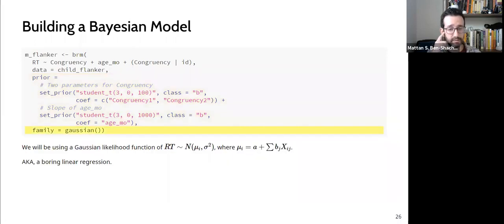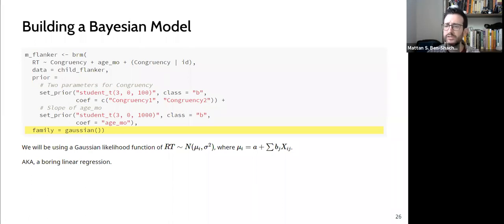Okay, and finally, my likelihood function is a Gaussian likelihood function. That is, I'm saying that reaction times are conditionally normally distributed, which is a basic, boring linear regression. And we can argue if that's appropriate here or not, or we can objectively check if they really are normally distributed. Okay, so after we run all of this code, we get a model.